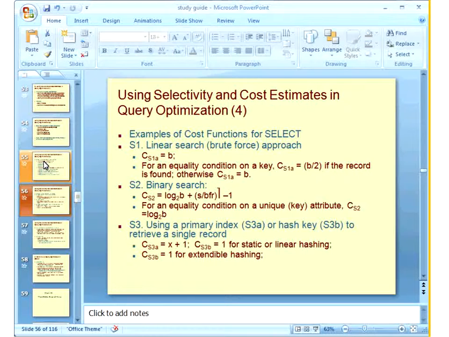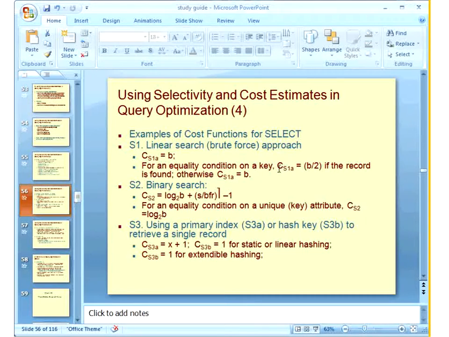Yeah. Now here in the linear search, we know that in linear search we divide the block number by 2, so we can calculate the average number of blocks that need to be accessed during the search algorithm, isn't it?